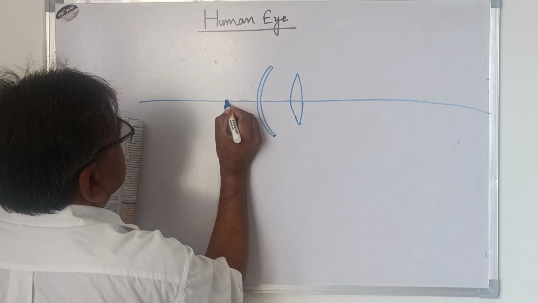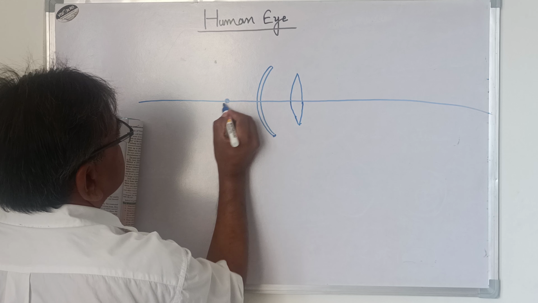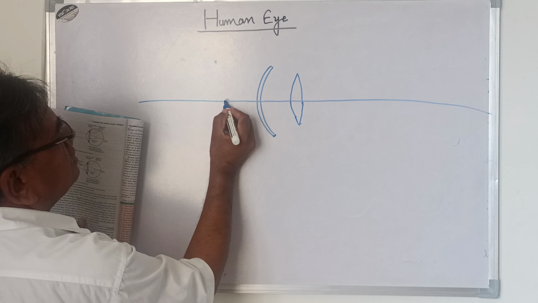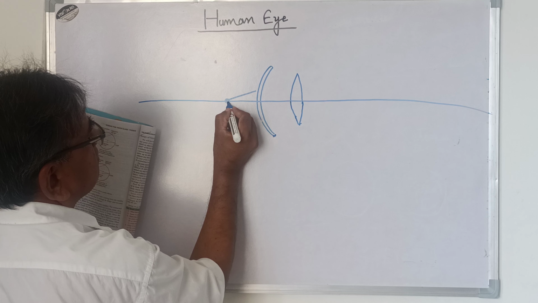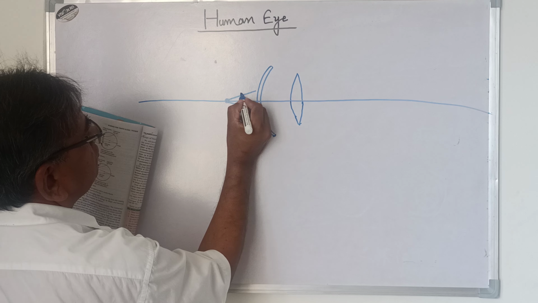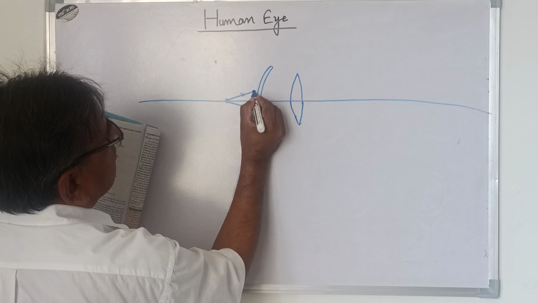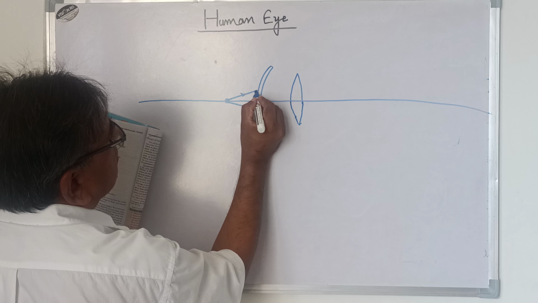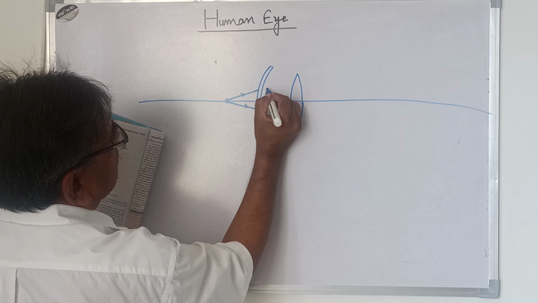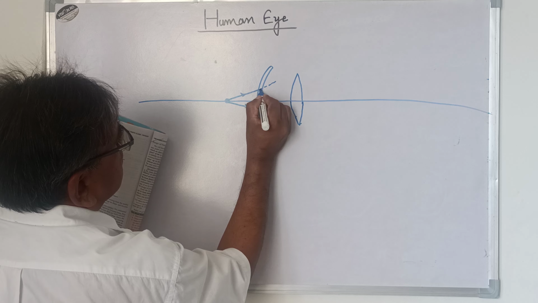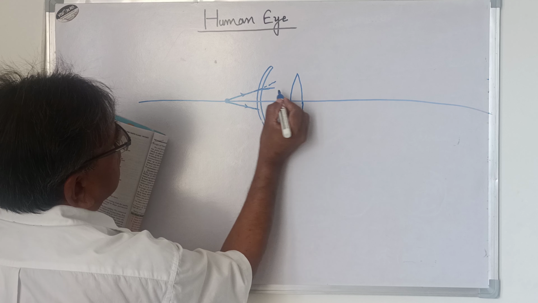The nearby object से जो rays निकलती हैं, वो reflect होंगी, they will be in this direction. Suppose two rays, we take only two rays. These first strike the cornea and are bent. Instead of going in this direction, this takes some turn.